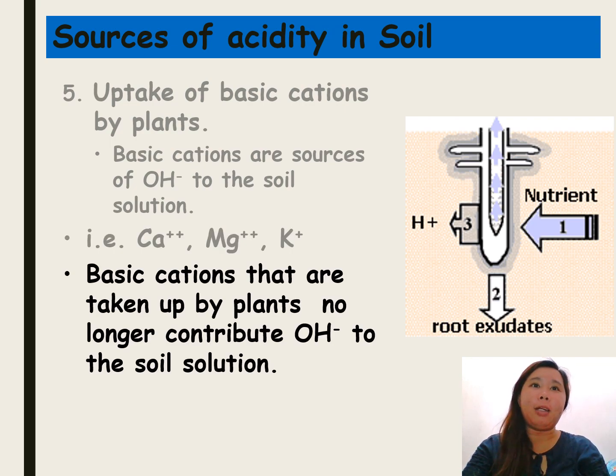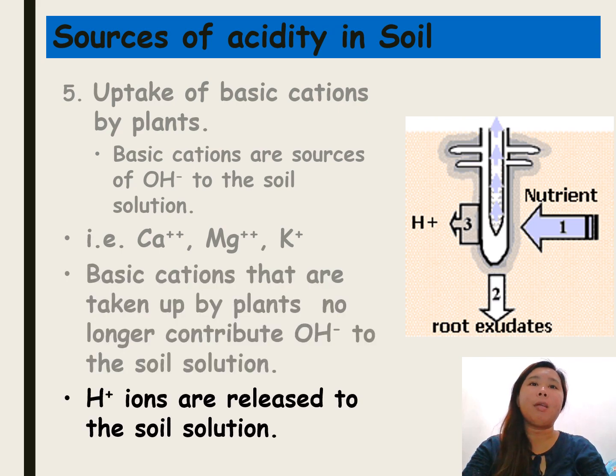These basic cations are taken up by plants, no longer contribute hydroxyl to the salt solution, therefore making the hydrogen ion concentration higher than the hydroxyl ion concentration. And because of that, hydrogen ions are being released to the salt solution.